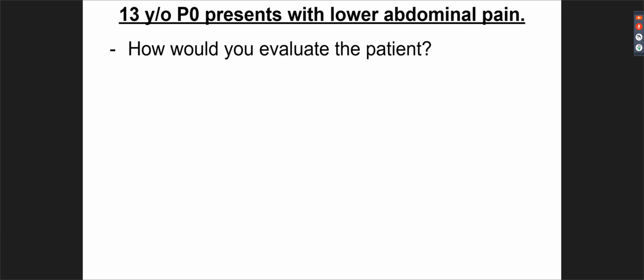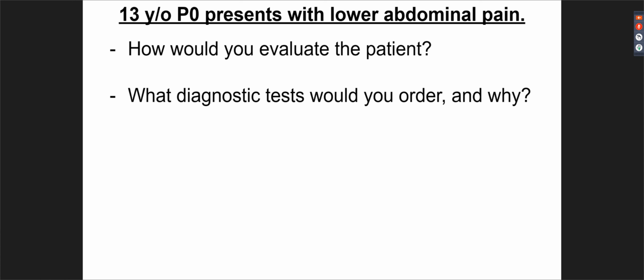And as far as the labs, what diagnostic tests would you order and why? I will do beta hCG to rule out pregnancy. I will also do NAAT for STIs to rule out any sexually transmitted infection. Then CBC, if there is any infection ongoing, that will help me with any elevated WBC.